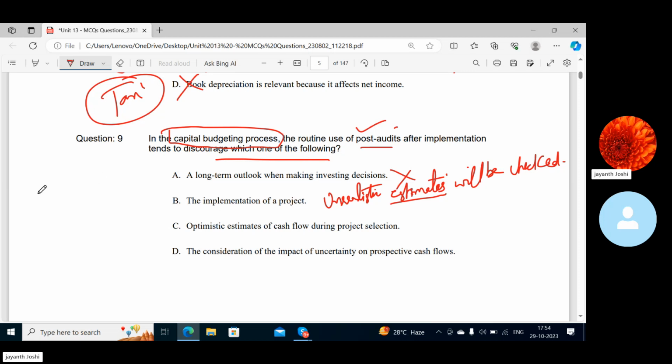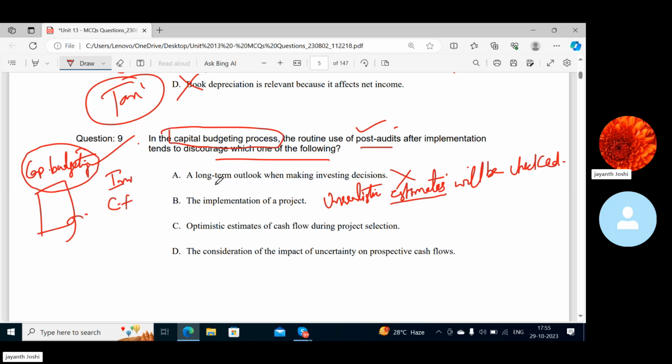See, this is a project you have done the budgeting for. That's called capital budgeting. That means you have seen how much investment you have to do, the initial cost, and what revenue cash flows it's going to generate. All those things you have done estimations, and you have done the implementation also, what you have planned. And then you are conducting audits. It will discourage what?